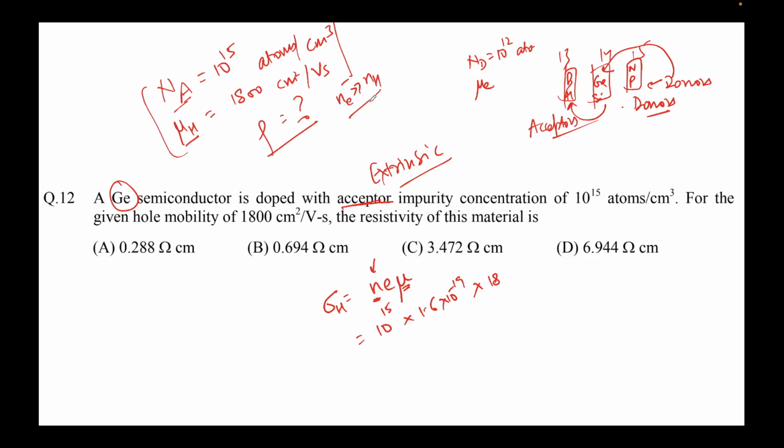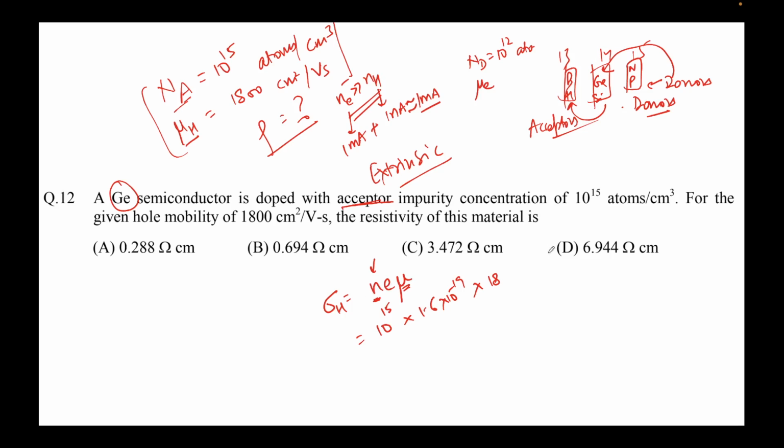There is no point talking about holes, because if electrons provide a current of 1 milliampere, holes will provide 1 nanoampere, and 1 milliampere plus 1 nanoampere is approximately 1 milliampere. Conversely, if we have a system with donor materials, we don't talk about holes. This system has acceptor impurity, so we talk about holes.